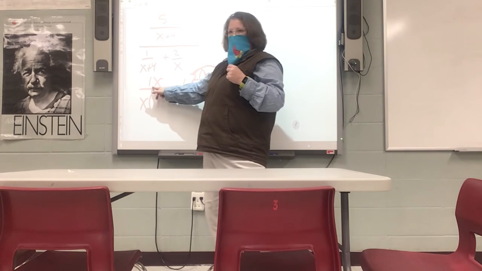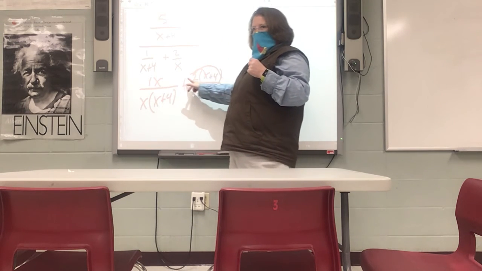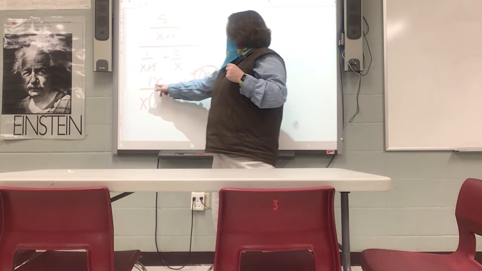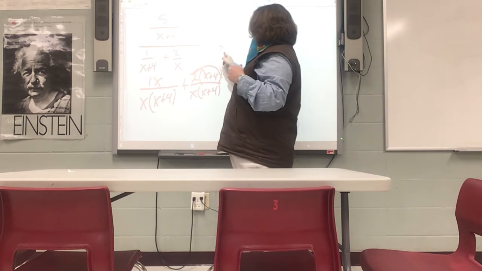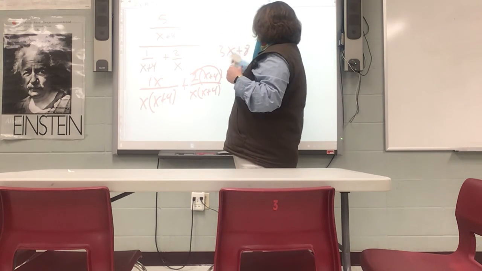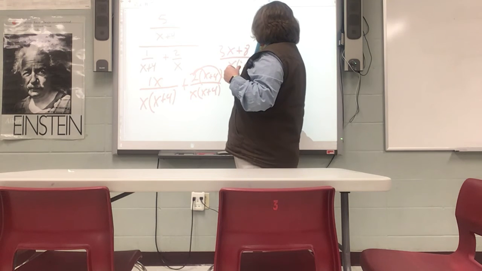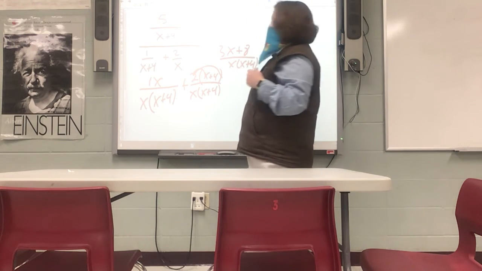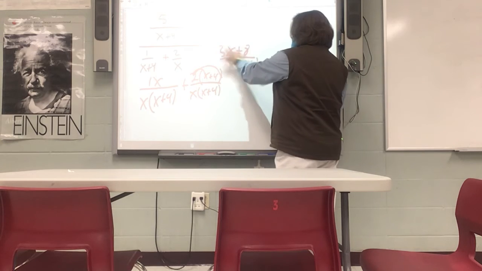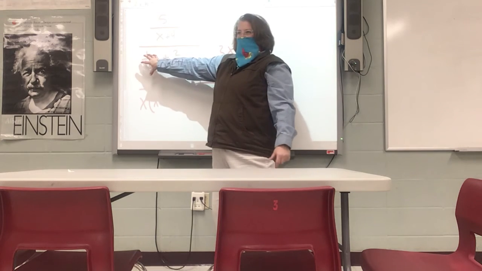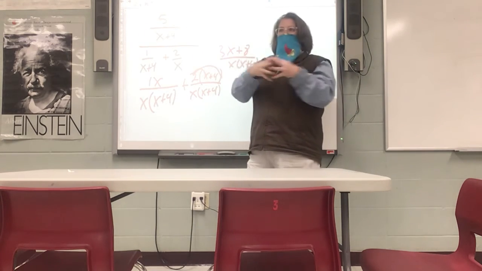And we're adding that to an x. So 2x plus x, 3x plus 8. Okay, so this red piece here is this, over one denominator.